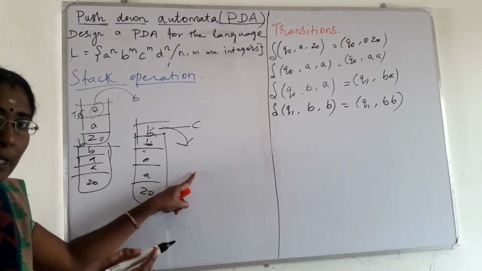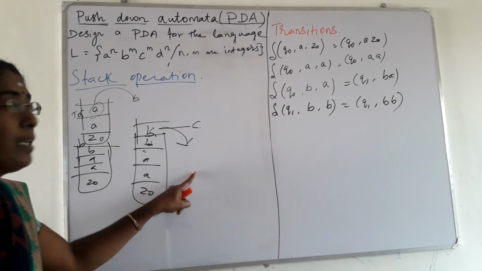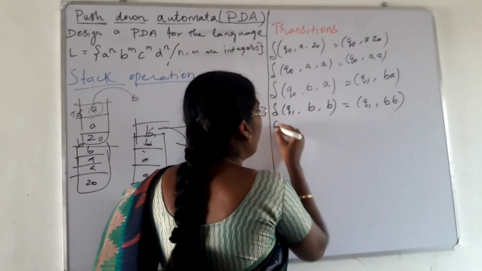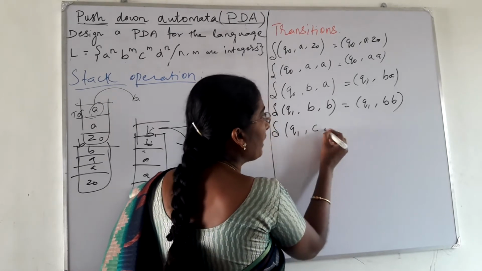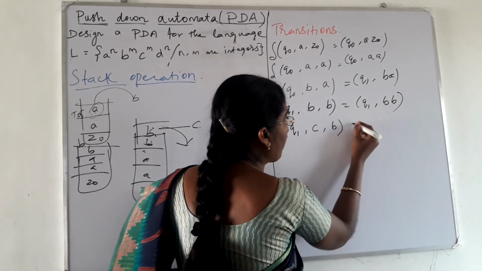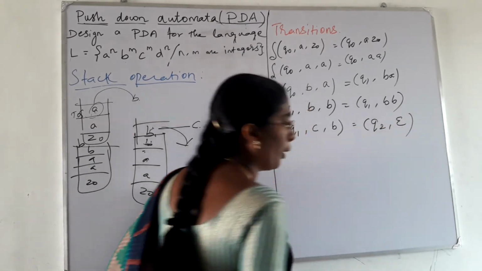For each and every C, one B is popped out from the stack. So what will be the transition here? From the state Q1, reading the symbol C with top of the stack as B, changing the state to Q2, and we are doing a pop operation.